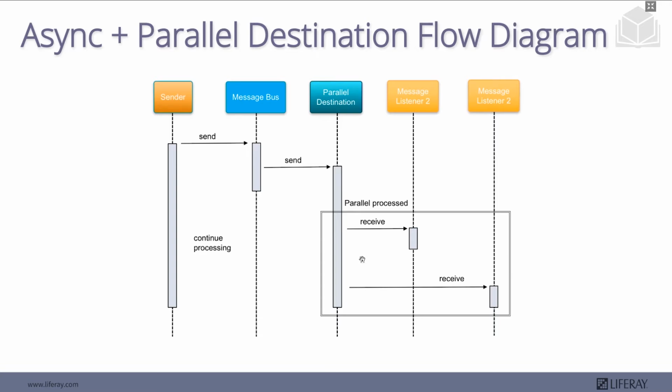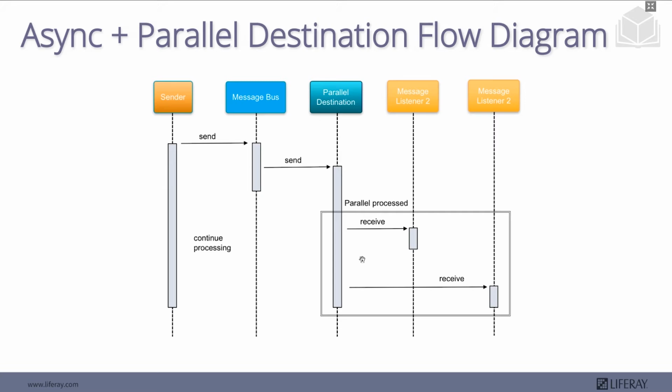So a couple of different examples here. Typically, when we're dealing with parallel destinations, it's going to be asynchronous. So the idea here is we have a sender sending a message over to the message bus. The message bus will then determine where it needs to go and send off the message to the specific destination.